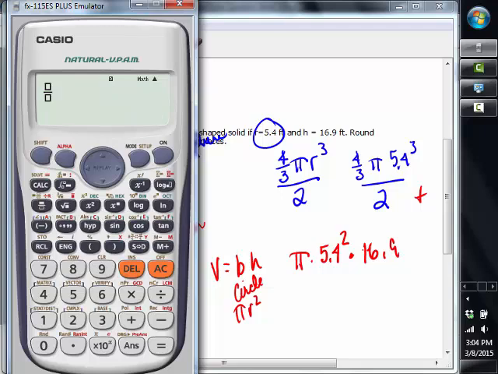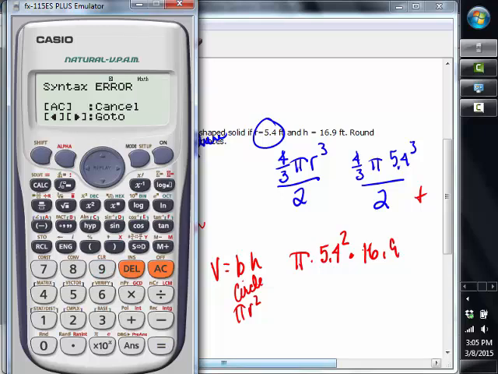Let's get our fraction key, and the numerator is actually a fraction, 4/3, and then we're going to take pi times radius, which is 5.4 to the third, over 2, and then we're going to add to it the red stuff, which is pi times 5.4 squared times the height, 16.9.